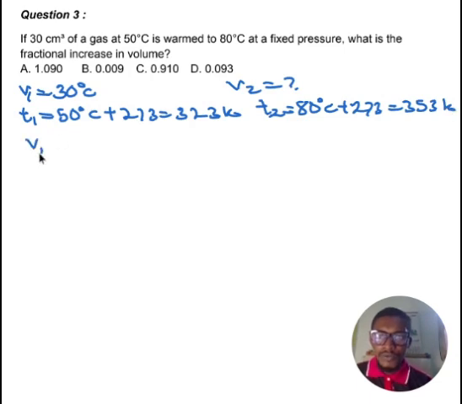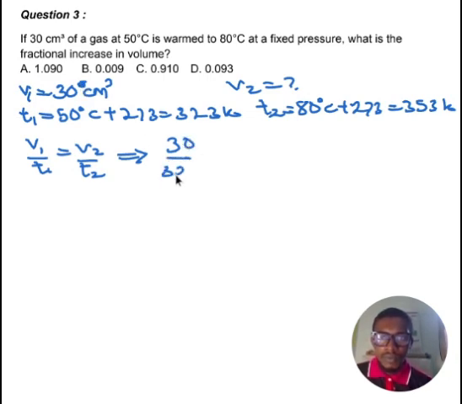Now V1 over T1 equals V2 over T2. Substitute in all the parameters you have. This is cm cube, sorry. Now make V2 the subject of the formula.